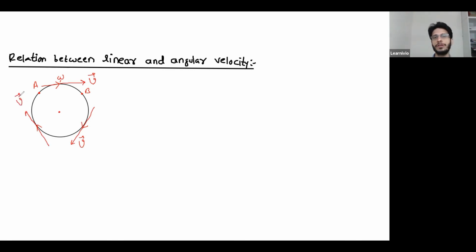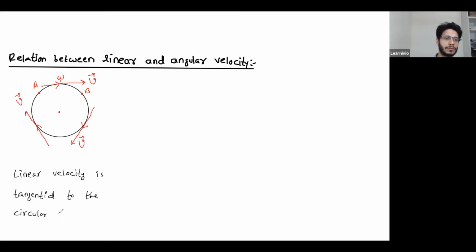This is the direction of linear velocity, which is always tangential to the circular track. And you can relate linear velocity and angular velocity in this way.